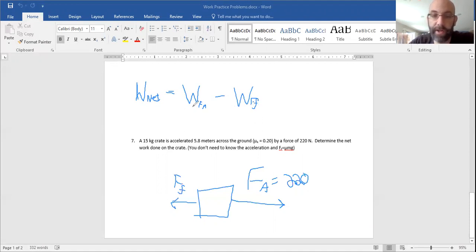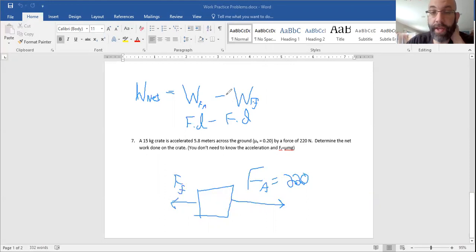Well, both of these are going to turn into force times distance. So we know the force, that's the applied force, that's 220, and we know its distance, 15.